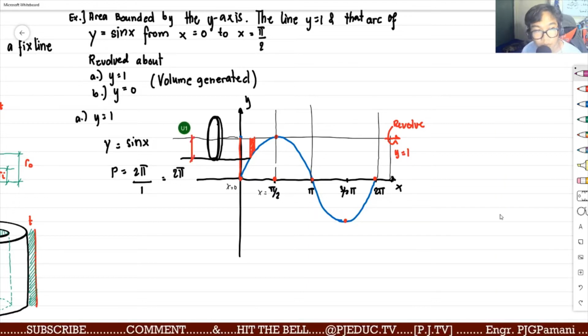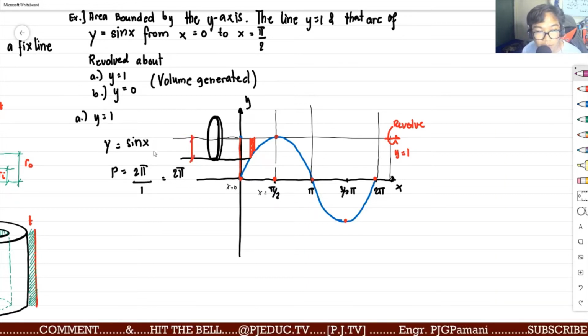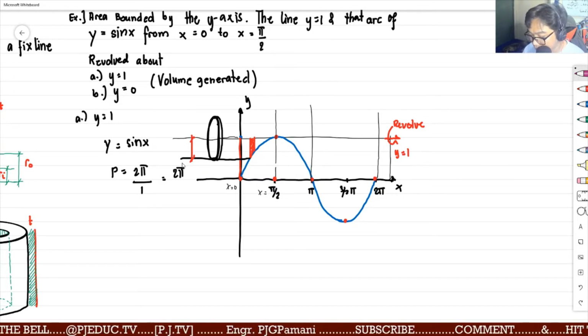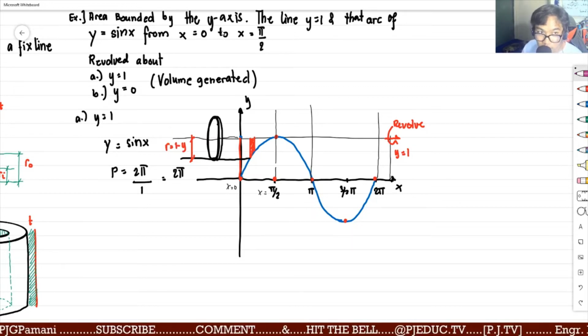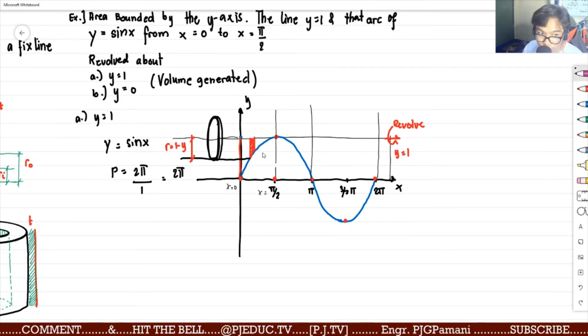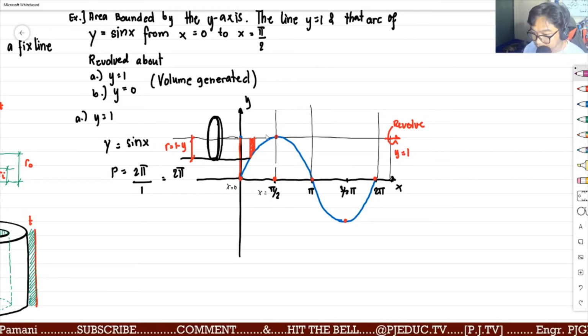And ano yung radius ng ating disk? Remember that is y1. So the remaining length here is simply what? R equal to 1 minus y. Ang tinatanong ha, from 0 to pi over 2. So diyan lang yung main concern natin for the volume. Hindi na yung 0 to pi. Ito lang. Yan lang na section. Okay?